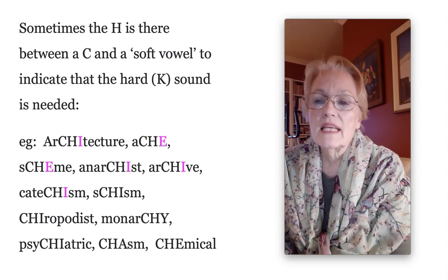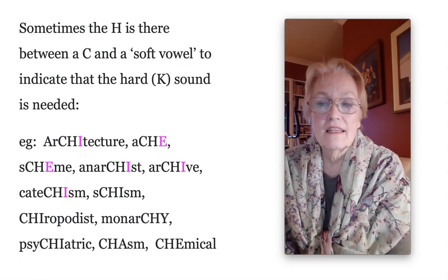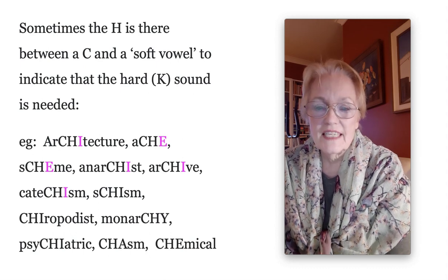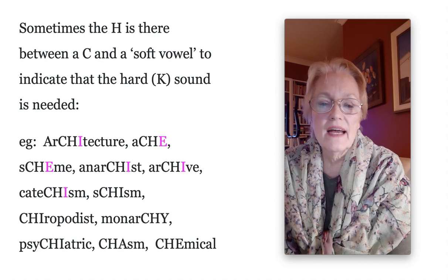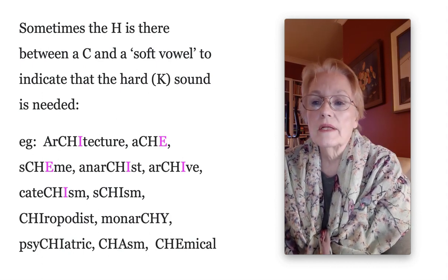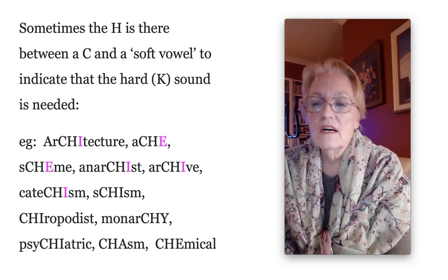All right, now sometimes the H is there between a C and a soft vowel to indicate that the hard K sound is needed. Okay, so you can see the C and the I, and it has the H in the middle. Okay, and so this is the C sound. Architecture, of course these are Greek origins.